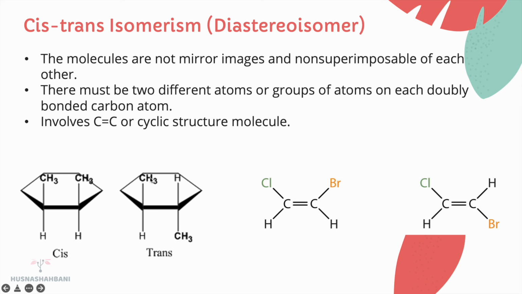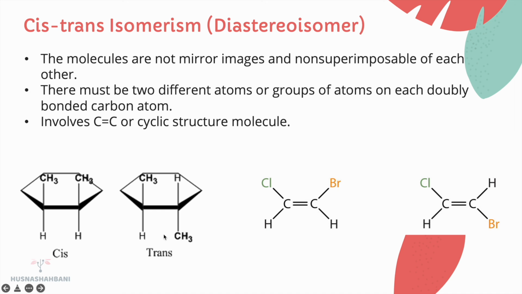Look at the atoms or groups of atoms, they must be on different sides. So here CH3 on top, another CH3 at the bottom. If they are on different sides, it is trans isomerism. If they are on the same side, it is cis isomerism. Okay, cis isomer, trans isomer.